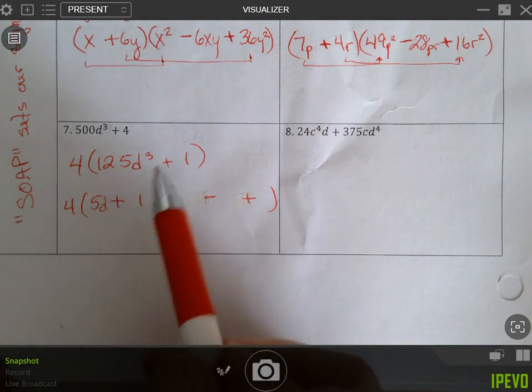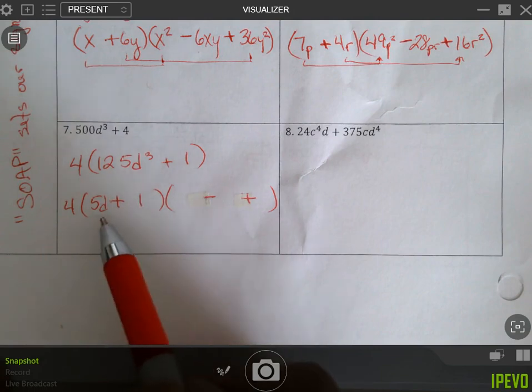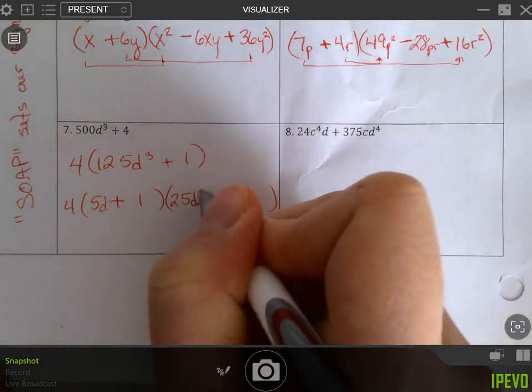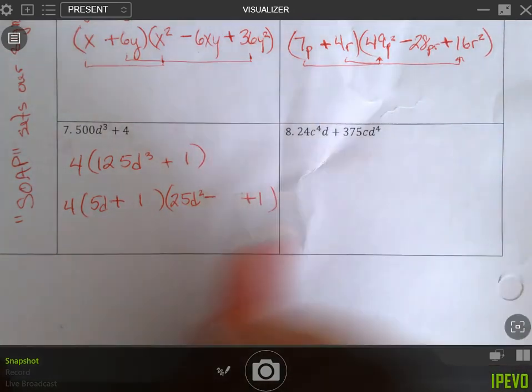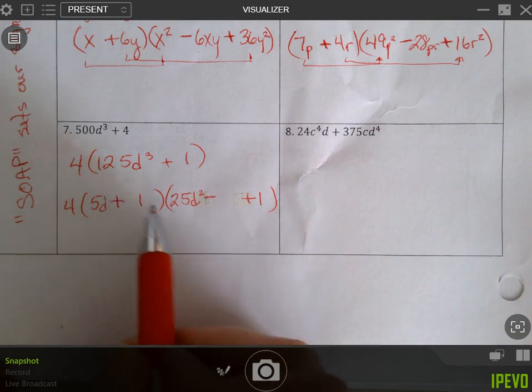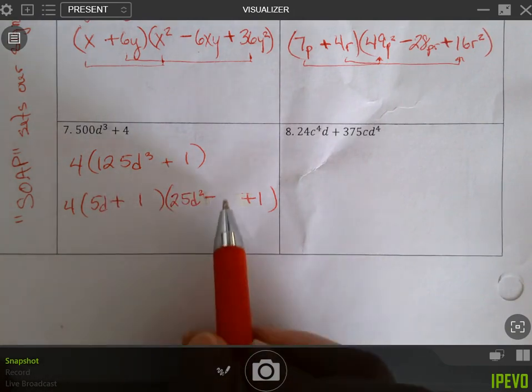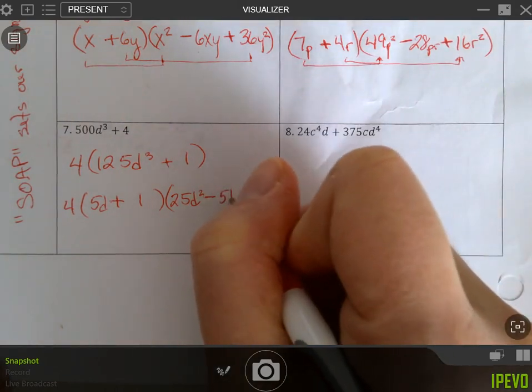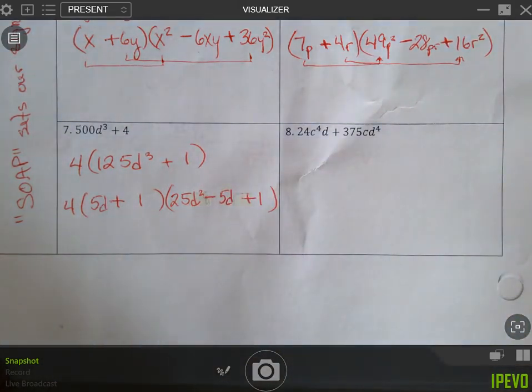I take the cube root of the first term and the last term, I drop it in, and then I'm going to square this term. So it's going to be 25d squared, and this is going to be 1. 5d times 25d squared, there's my 125d to the third. 1 times 1 is 1. What's that middle term going to be? 5d. The product of the roots, 5d times 1.